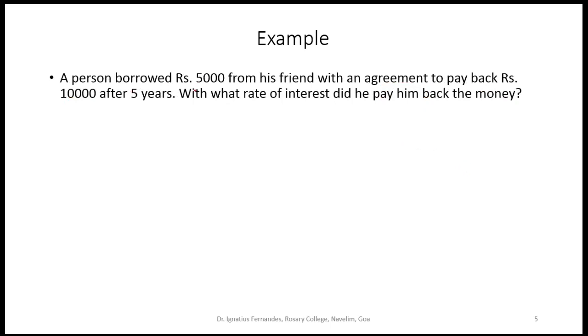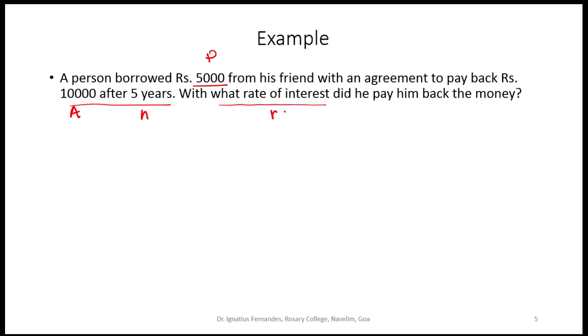A person borrowed rupees 5,000 from his friend with an agreement to pay back rupees 10,000 after 5 years. So he borrowed rupees 5,000, which refers to the principal amount, with an agreement to pay back rupees 10,000, which refers to A, after 5 years, so n is equal to 5. With what rate of interest did he pay back the amount?